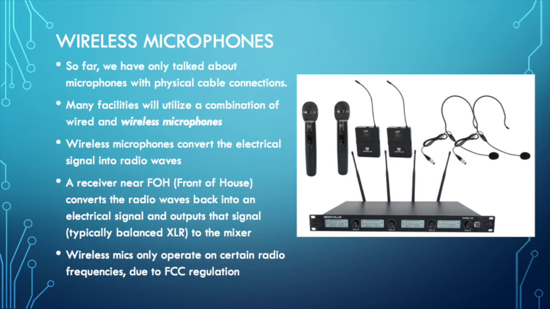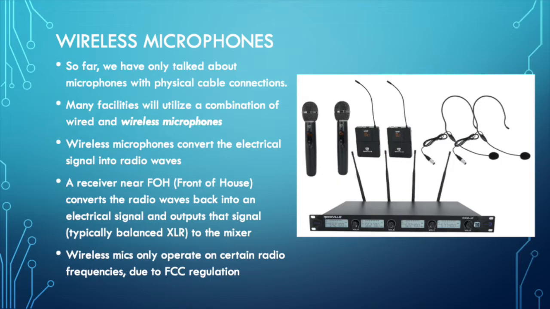But so a wireless microphone works just like a standard microphone. It's taking, or it's converting sound pressure into an electrical signal. However, then that electrical signal is converted into a radio wave.